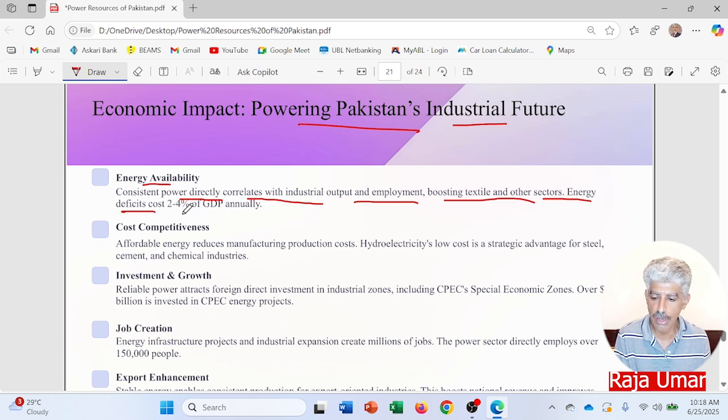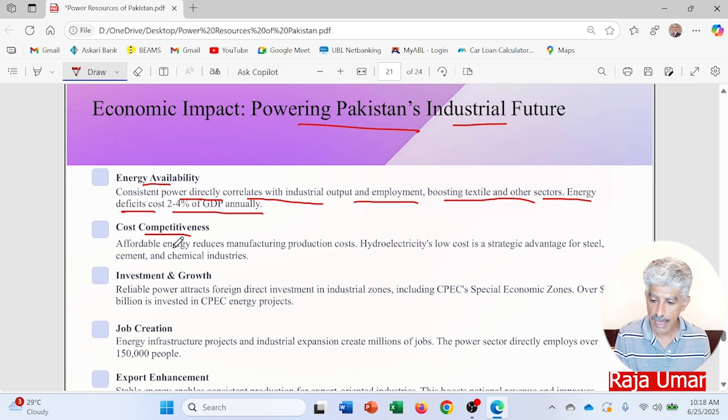Energy deficits cost 2 to 4% of GDP annually. So it means that we are facing deficit loss just because of the less power supply availability. Otherwise, the economy might be having 2 to 4% more in GDP if we have sufficient power sources available.